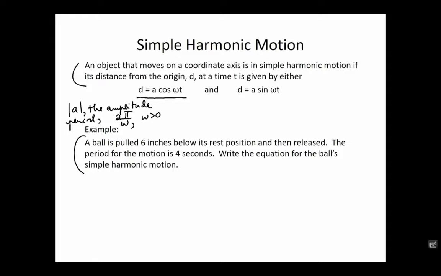When the object is released, in other words, t is equal to 0, the ball's distance, d, from its rest position is given to be 6 inches down. Because it is down, then we know that d is going to be negative.